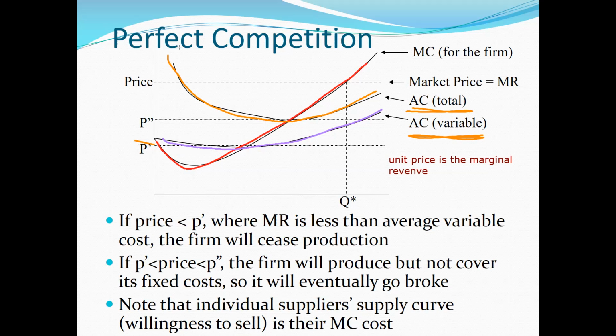The marginal revenue that you're getting from selling one unit is less than the average variable cost. It costs more for you to produce something than you can charge on the marketplace. So if your price is lower than P prime, the suppliers will just stop producing anything. There's no point in producing something where it costs you more to produce it than the market price that you can charge for it.